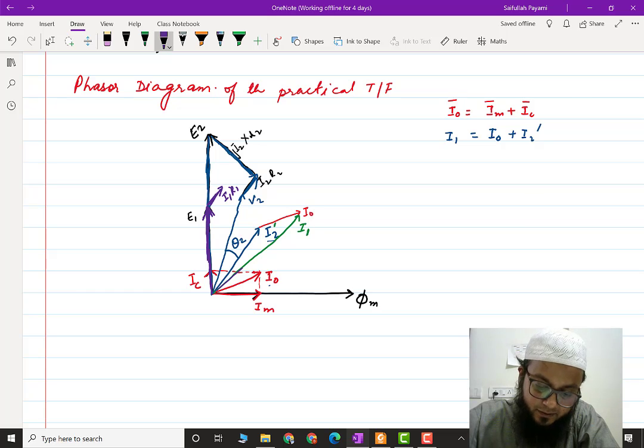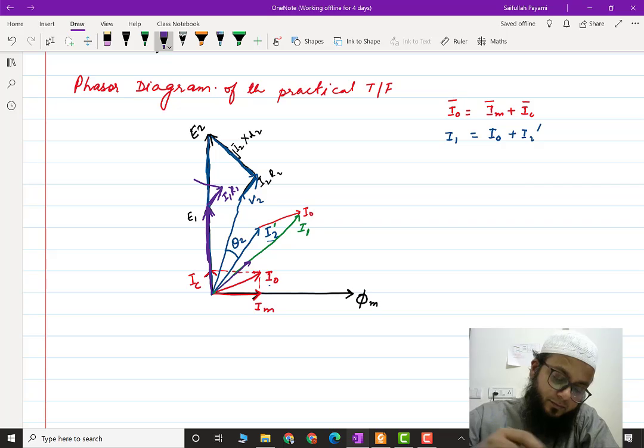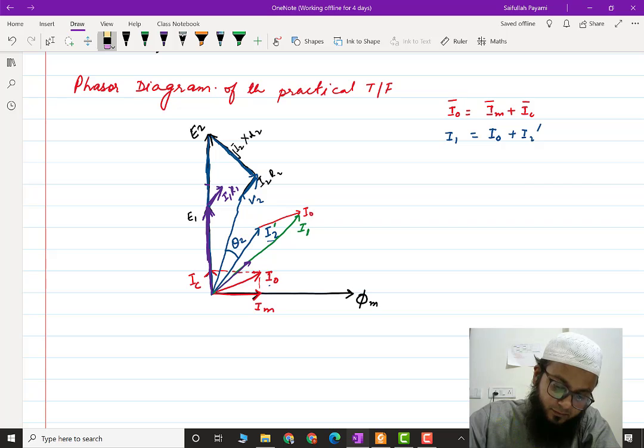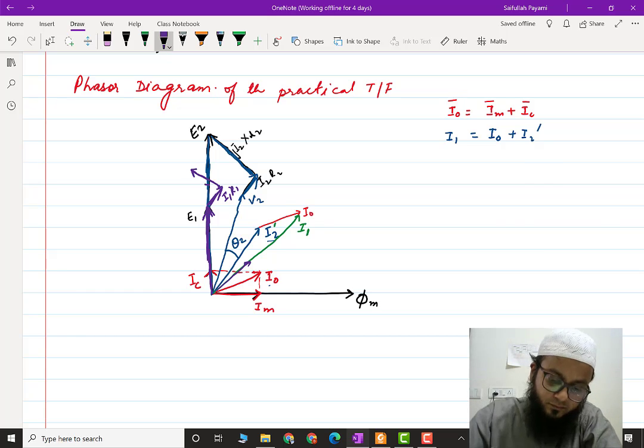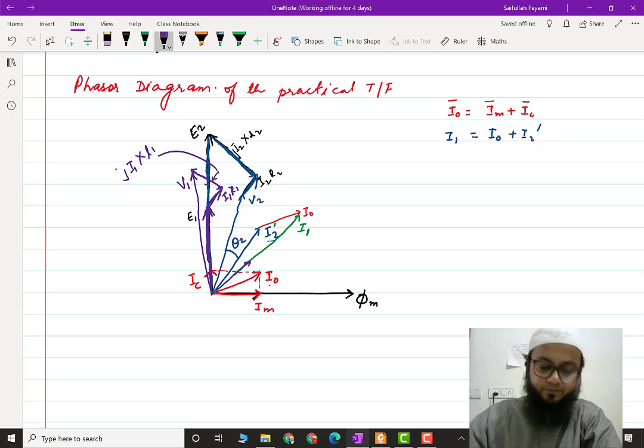If this is I1 in this direction, then I1 R1 in this direction. So this is V1 here, and this is J times I1 XL1.